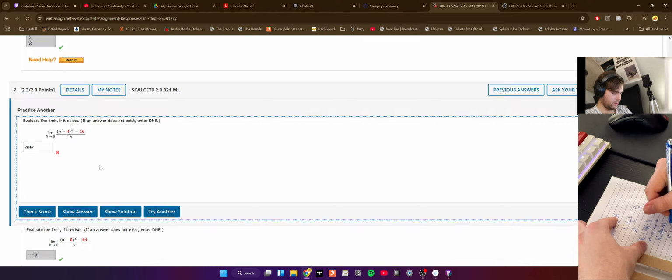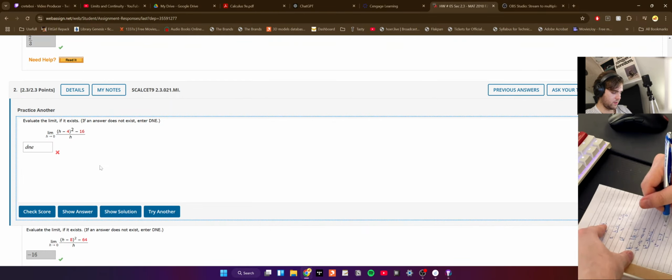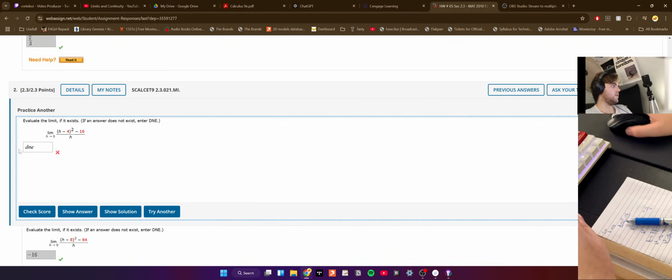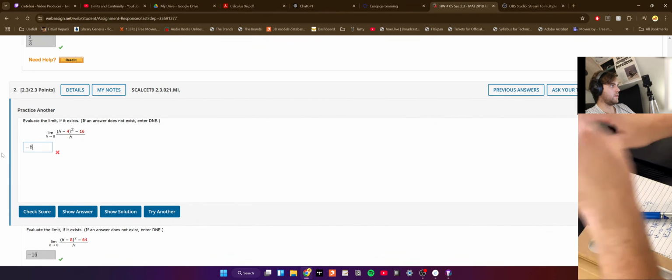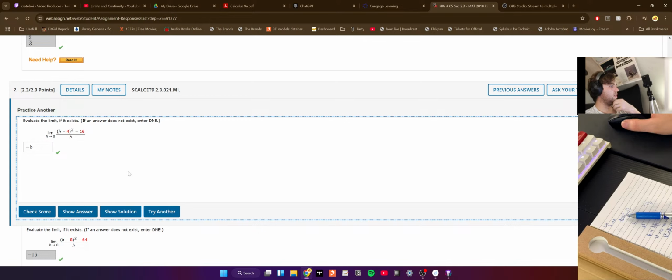Factor out h, we get h minus 8 over 1, 0, negative 8 over 1. Let's try negative 8. I might be completely wrong. Oh no, so that works.